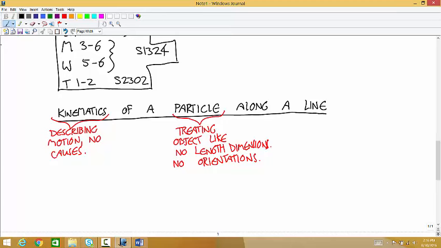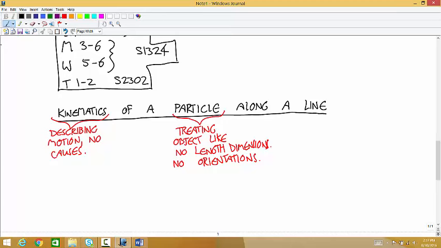You just want to know where the center of the planet is. And so it's not really so often things that are very, very small are treated as particles, but you can treat things of any size as a particle if you don't care whether it's right side up or upside down.